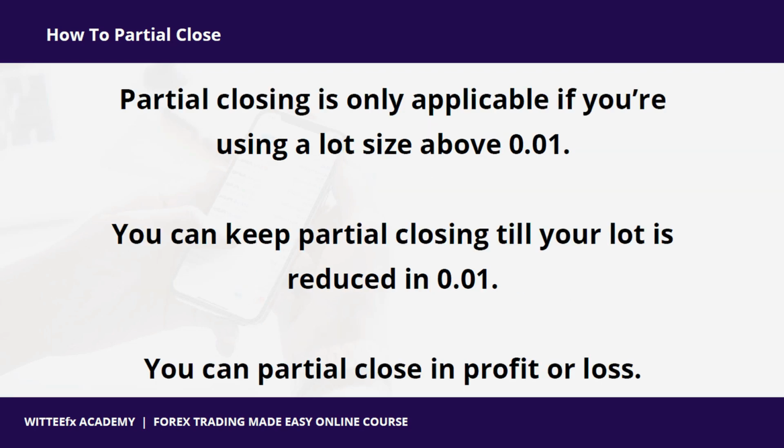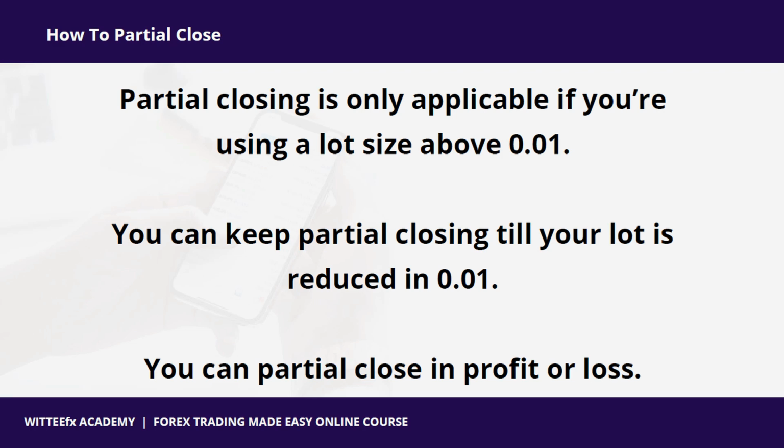And partial closing is only applicable if you are using a lot size above 0.01, because we all know 0.01 micro lot size is the minimum lot size you could use to place any trade in the forex market.